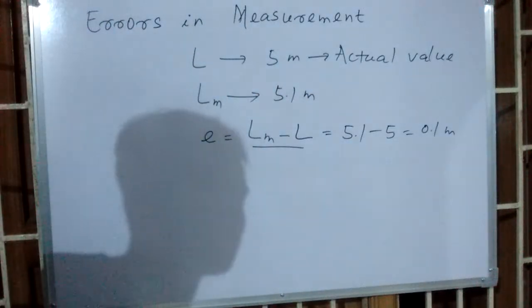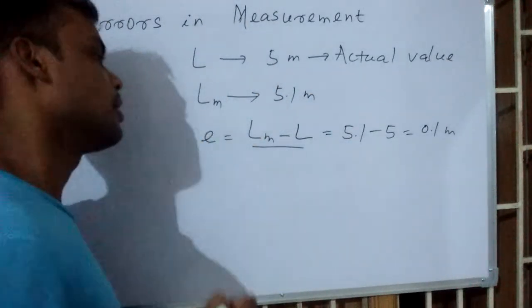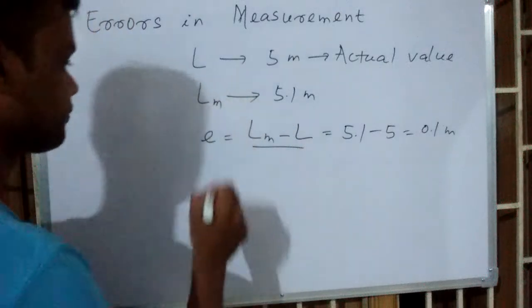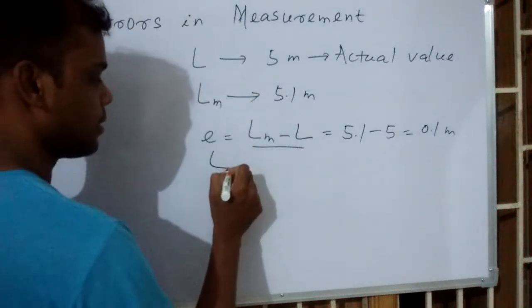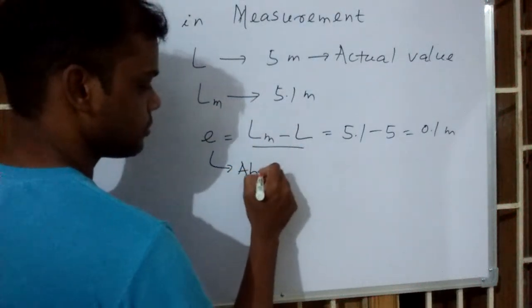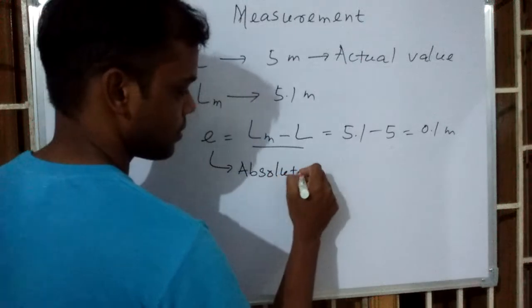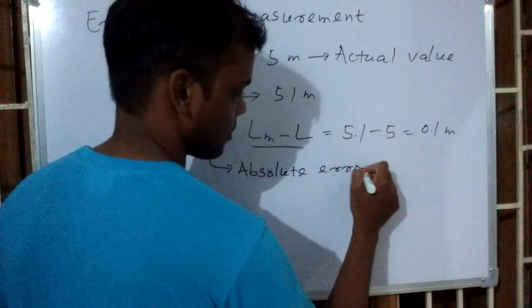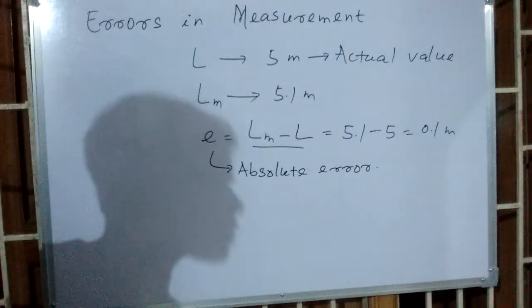This is error. You can also call it absolute error. So what is the formula of absolute error?